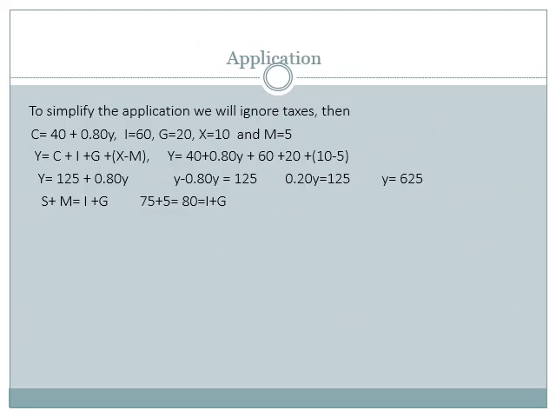To simplify the application for the four sectors model, we will ignore taxes. Then C equals 40 plus 0.80Y, I equals 60, G equals 20, X equals 10, and M equals 5. Then Y equals C plus I plus G plus X minus M, equals 40 plus 0.80Y plus 60 plus 20 plus brackets 10 minus 5.